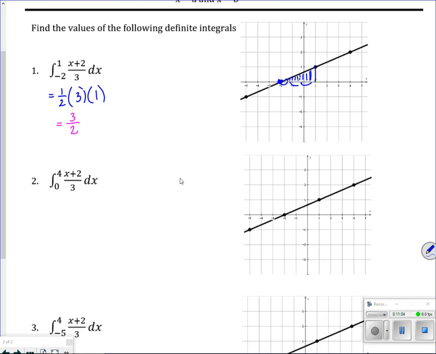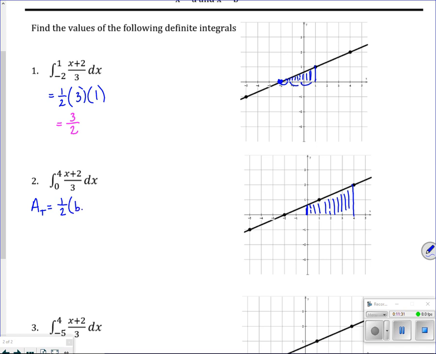If I wanted to go 0 to 4, that would be from right here to right here. So I'm looking for the area of this shape. Now I could divide that into a rectangle and a triangle, but it's much faster if you do it as one shape. So the area of a trapezoid, do you remember the trapezoid formula? You have 1/2.